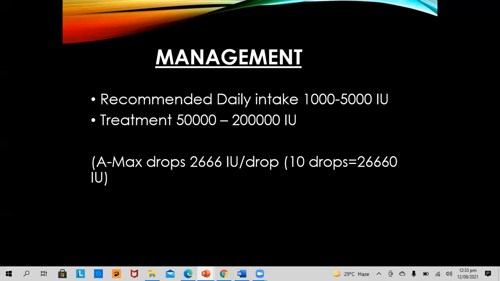So AMAX drops are a very commonly prescribed vitamin A drops, which we give to infants and young children. And just remember that each drop of AMAX contains 2,666 international units.